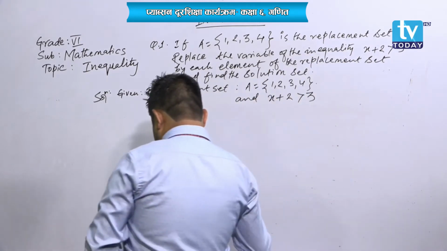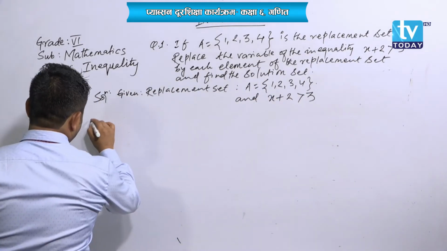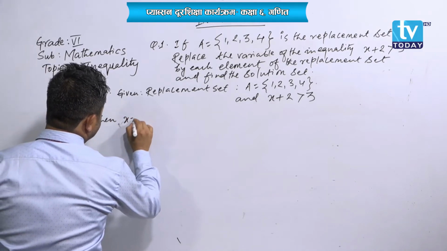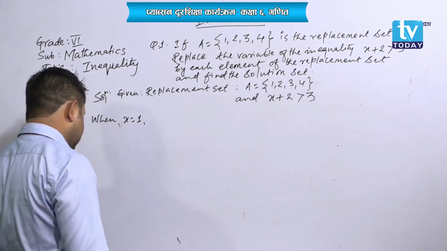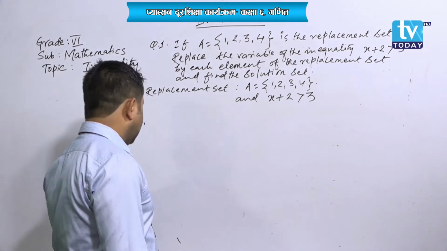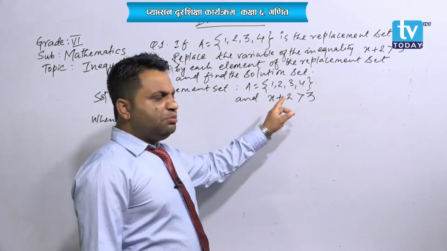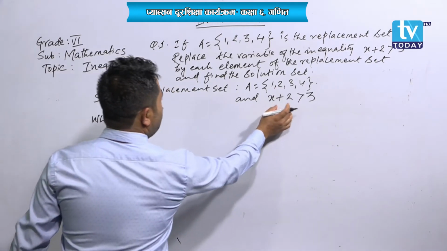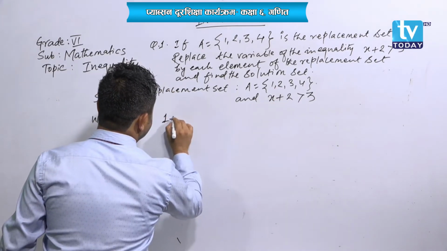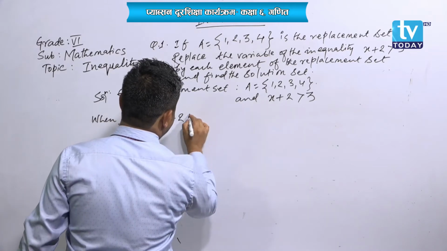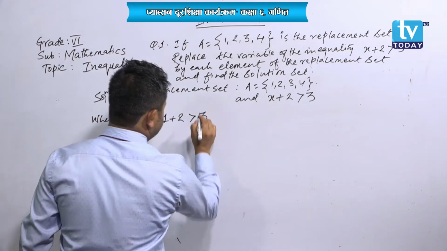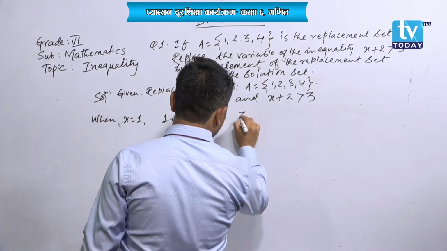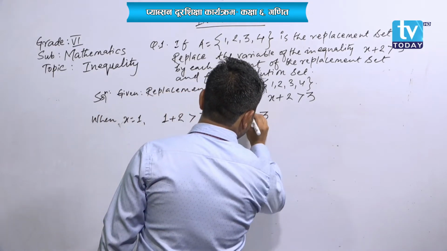Now when the value of x equals to 1, then you have to replace the value of x by 1, then 1 plus 2 greater than 3, or you can write 3 greater than 3.